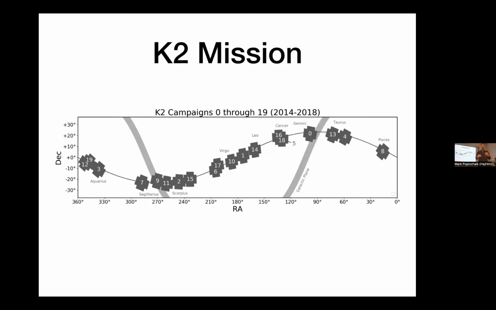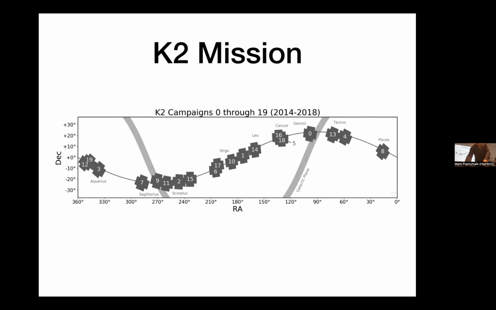The K2 mission, as a reminder, looked along the ecliptic, not for 4 years like the main Kepler mission, but in about 80-day campaigns, and it came back to certain areas multiple times.